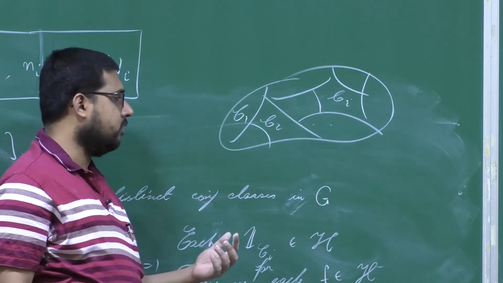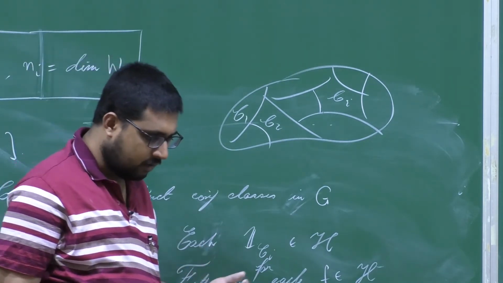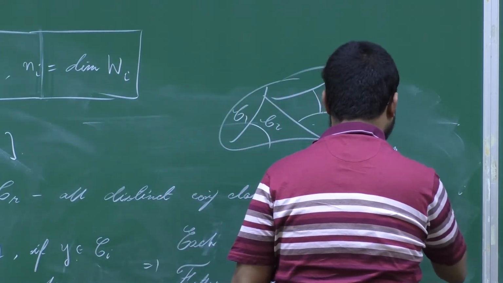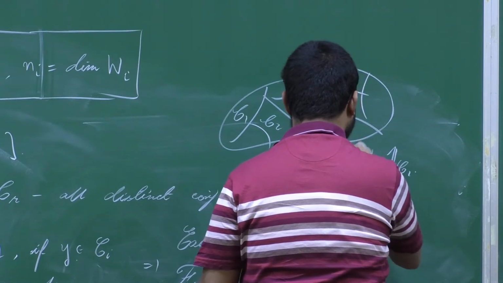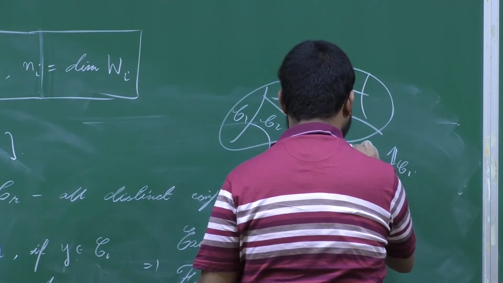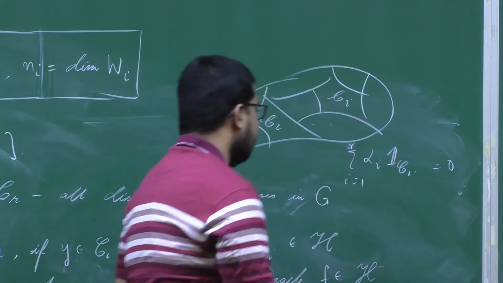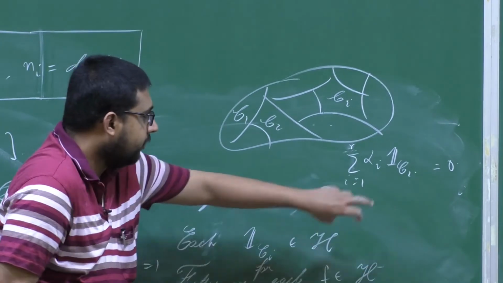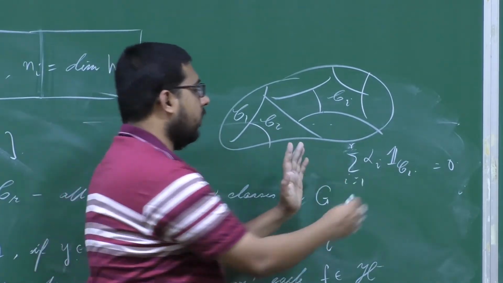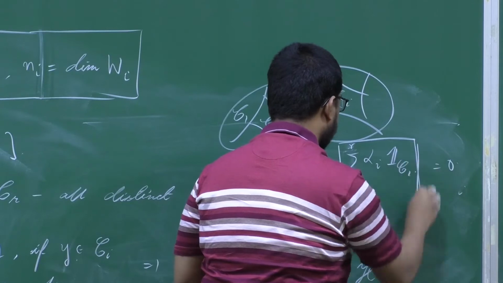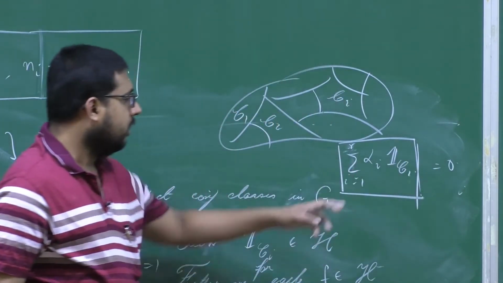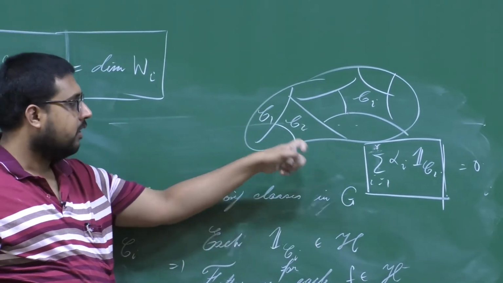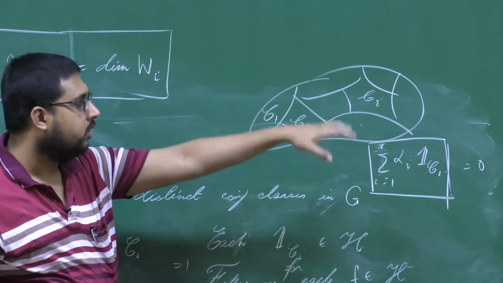If the sum of alpha i times the indicator of Ci vanishes, then this function takes constantly the value alpha 1 on C1, alpha 2 on C2, and so on.